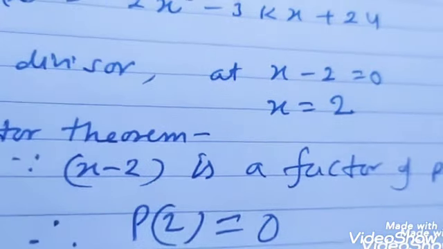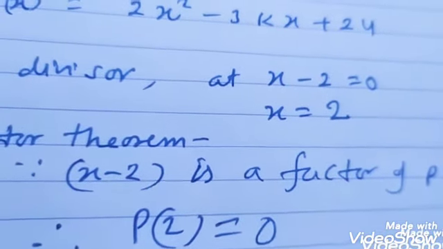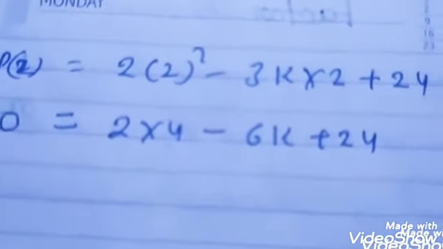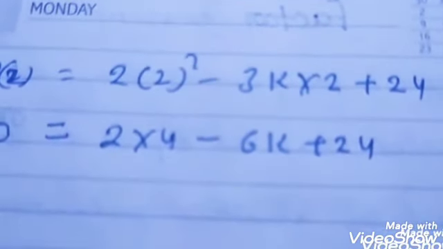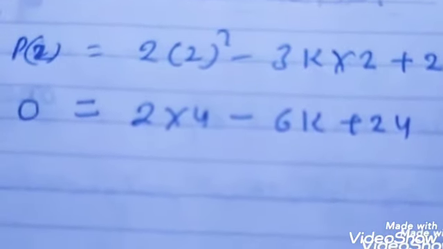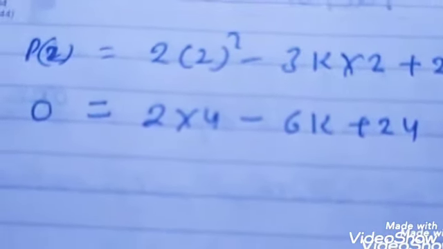So substitute x by 2. p(2) is equal to 2 into 2 square minus 3k into 2 plus 24. We have used 2 in place of x. But according to factor theorem, p(2) is equal to 0.